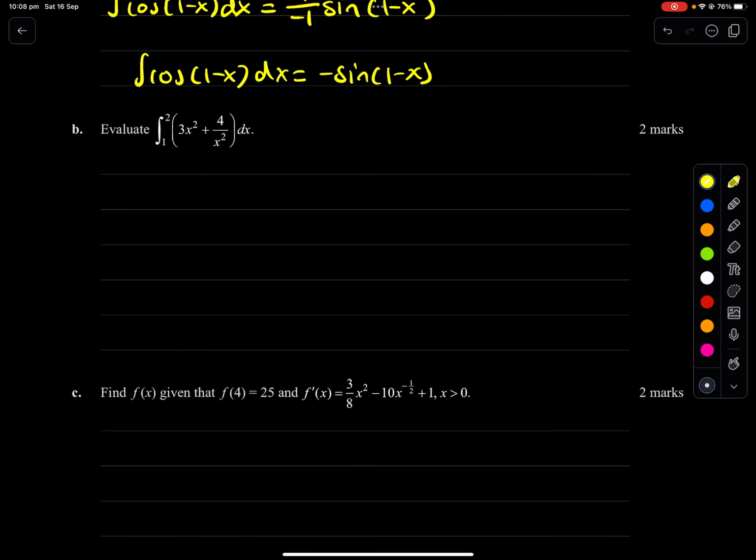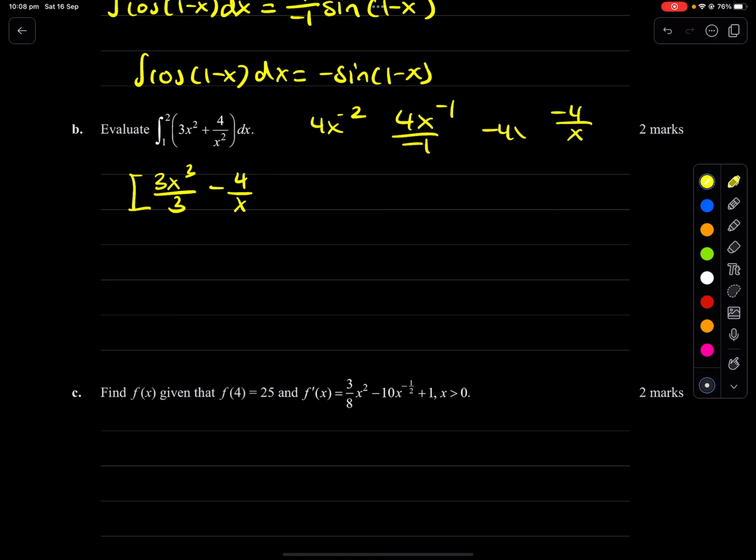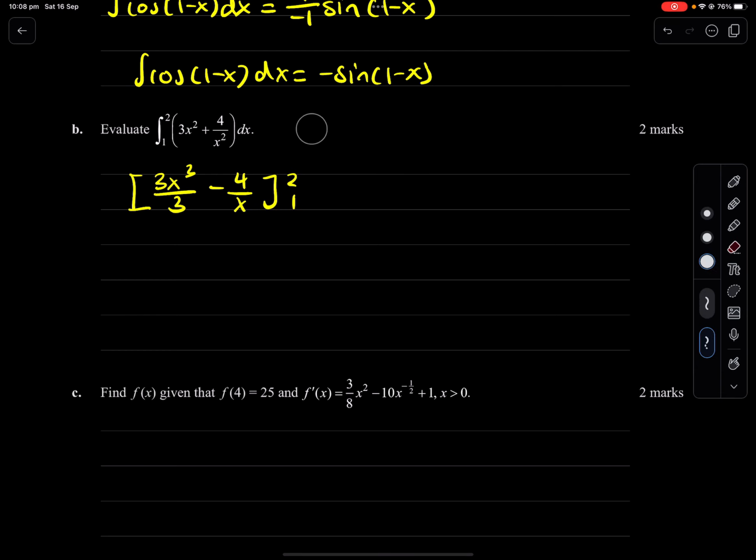Yeah, evaluate this. So this one, I'm just going to put the square bracket on. I'll put that power up, so negative 2. Add a power, so it'll be negative 1 divided by negative 1, so it'll be negative 4 over x actually. So negative 4 over x, from 1 to 2. If I cancel out, it would just be x^3 over here.